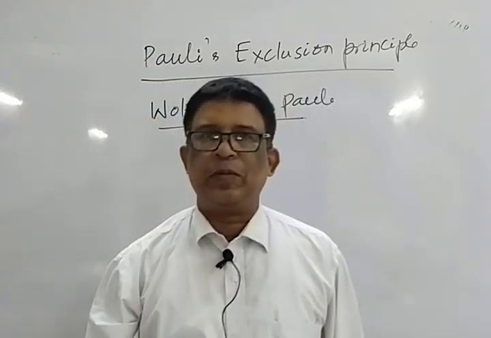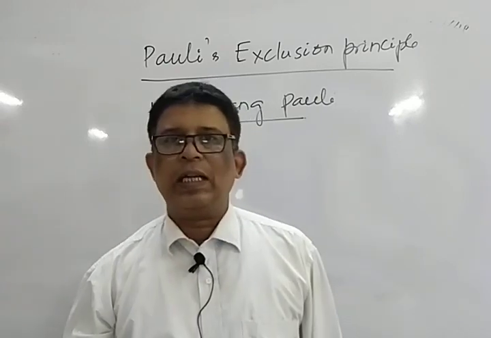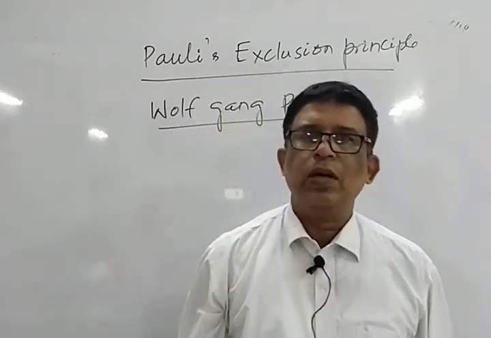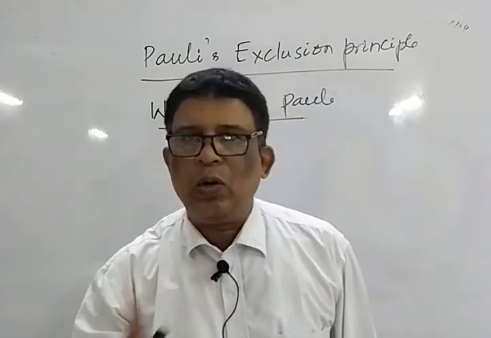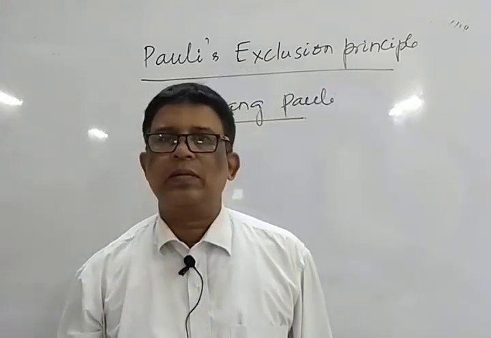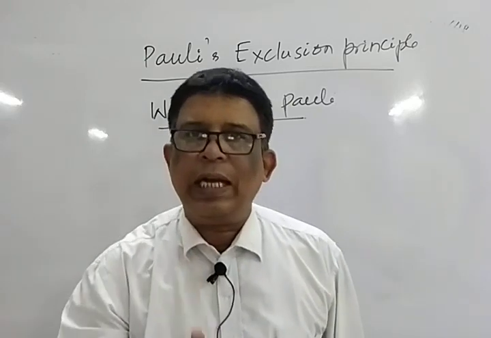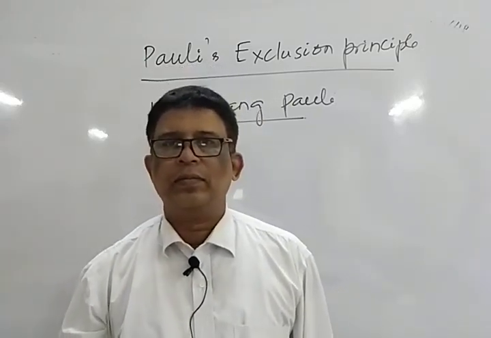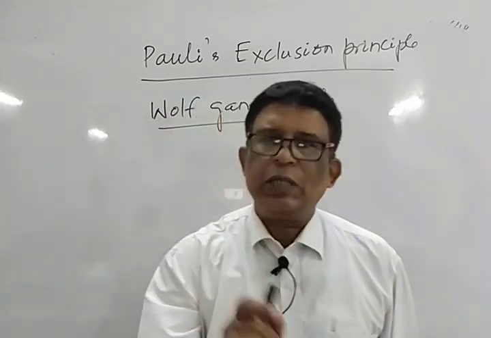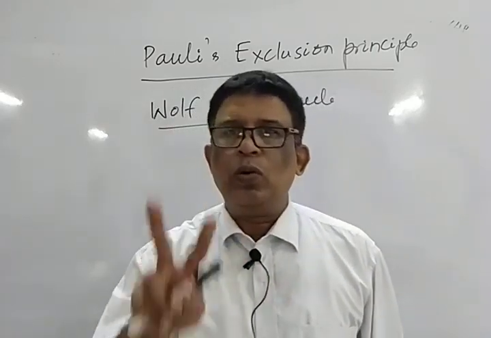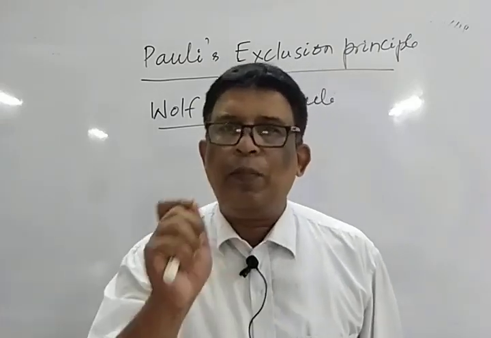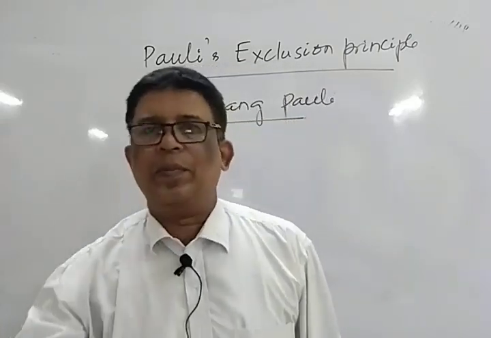A very interesting principle. This principle states that no two electrons in an atom possess the same set of four quantum numbers. I repeat again, no two electrons in an atom possess all four quantum numbers the same.